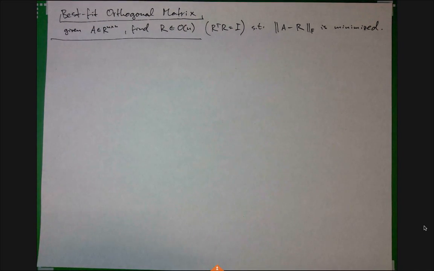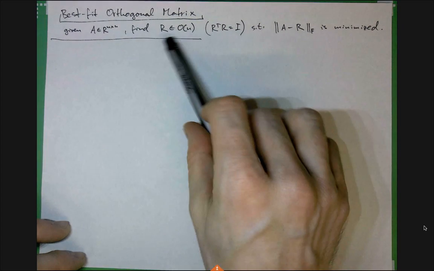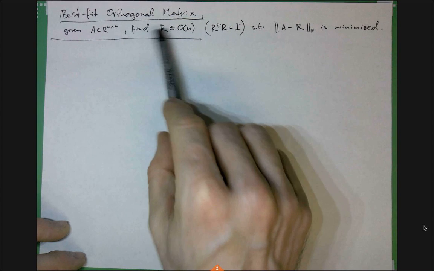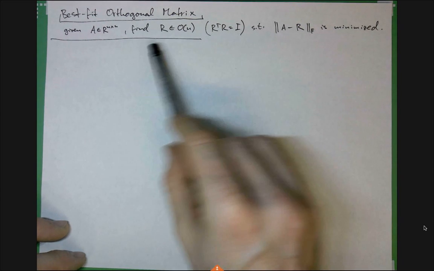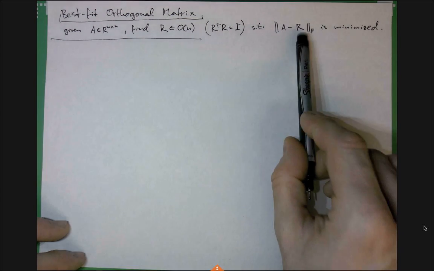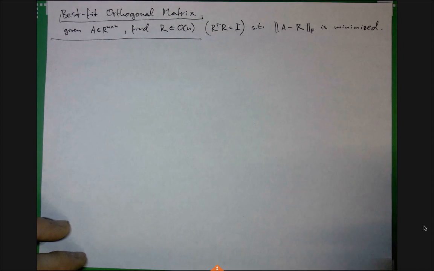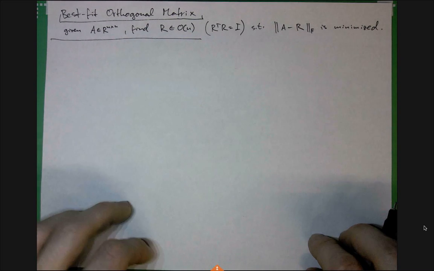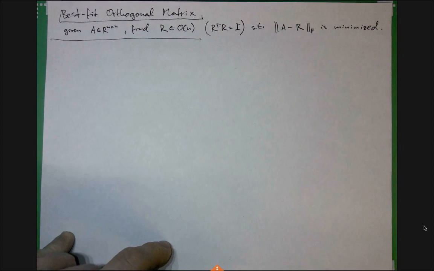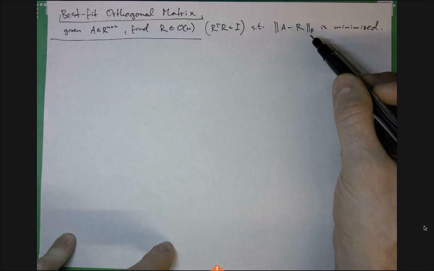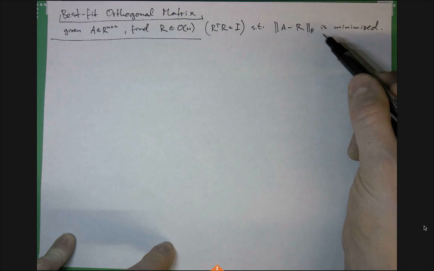So it's again an optimization problem, right? We have a constraint optimization problem. So we are searching the space of orthonormal matrices, and we want to find the one that minimizes this objective, right? So it seems that again it would be a good idea to start by manipulating the objective to get it to some simpler form.